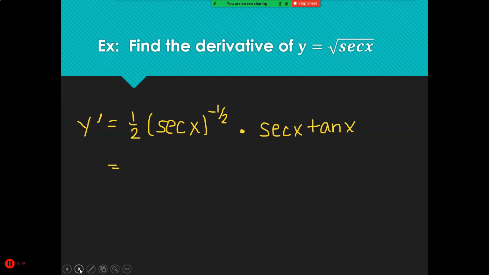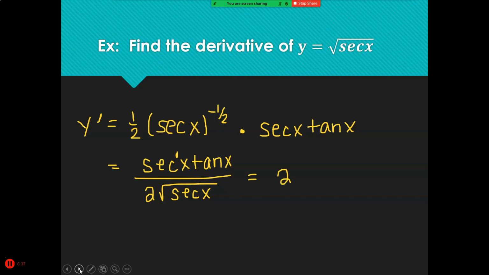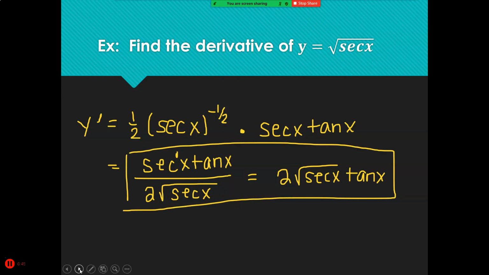Well, as Alex learned, cleaning it up, it's easier to write secant x tan x over 2 square roots of secant x. Or if you like to be fancy, this is really like secant to the one half, and that's the 1/2. But either of these are fine.